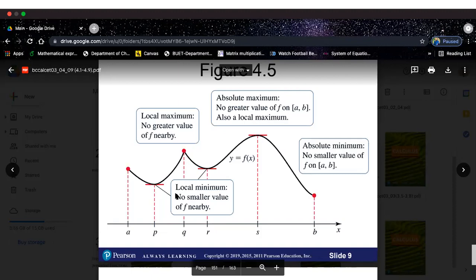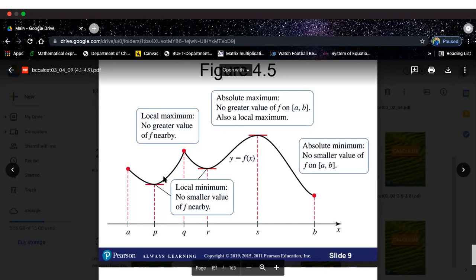So you could see for the entire function, the lowest possible value is defined as the absolute minimum, and the highest possible value is defined as the absolute maximum. But if you consider a small neighborhood, you could see some other minimum or maximum value for that smallish neighborhood you pick up. But that's only a local maximum or local minimum.